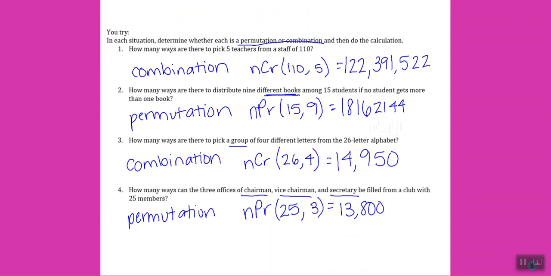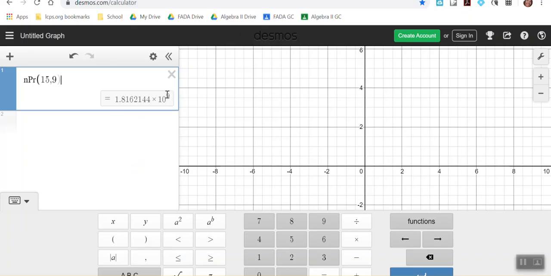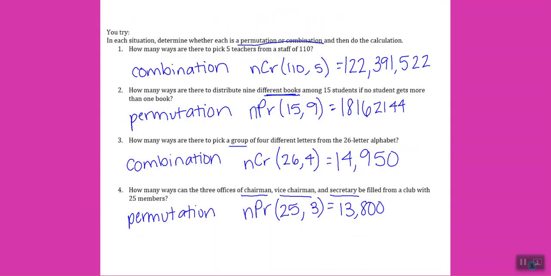Okay. Since it's times 10 to the 9th power, I am going to take the decimal point and I'm going to move it 9 times to the right. So it was here. 1, 2, 3, 4, 5, 6, 7, 8, 9. These two blank spaces, I'm going to put zeros in.